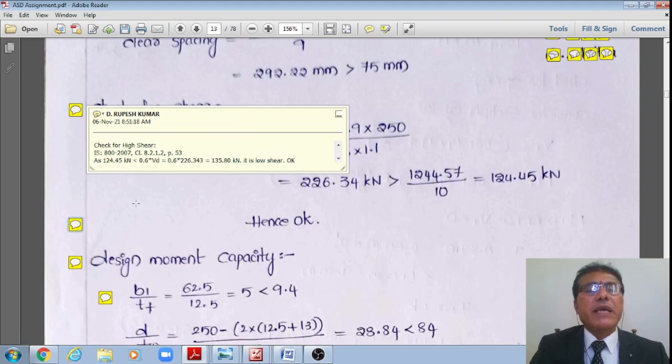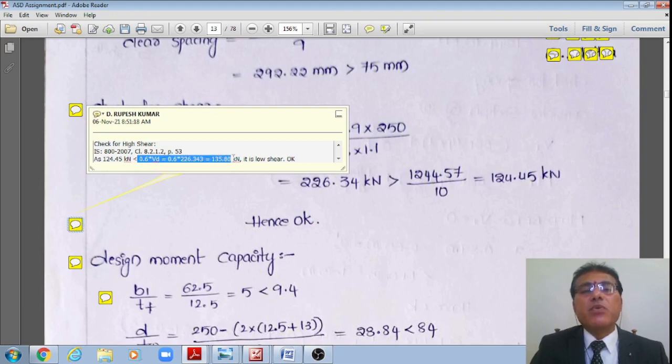high shear. As per IS 800-2007, clause 8.2.1.2, page number 53, the actual shear force 124.45 is less than 0.6 VD. What is 0.6 VD?